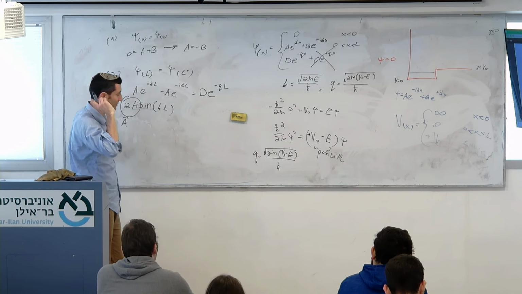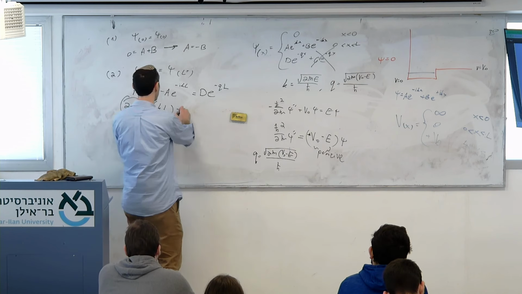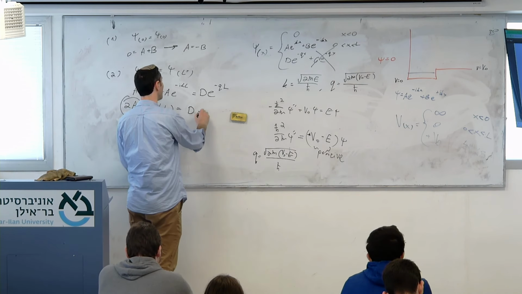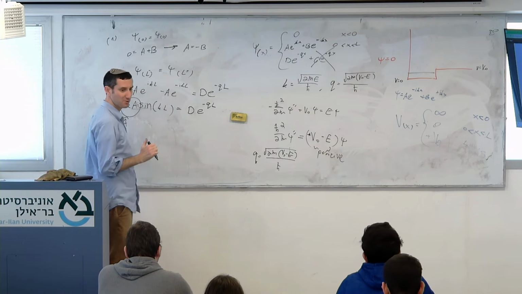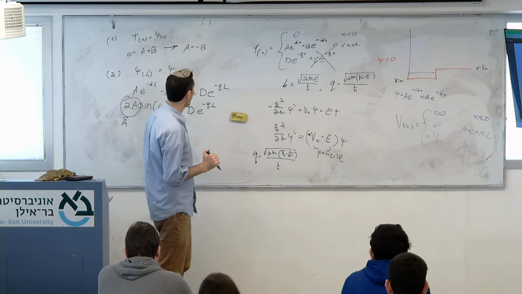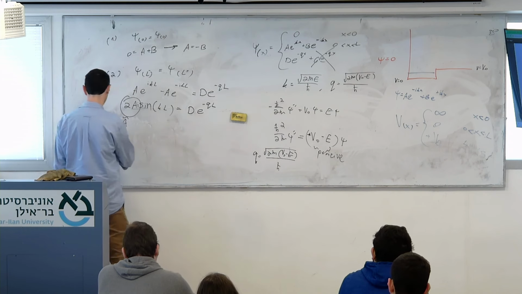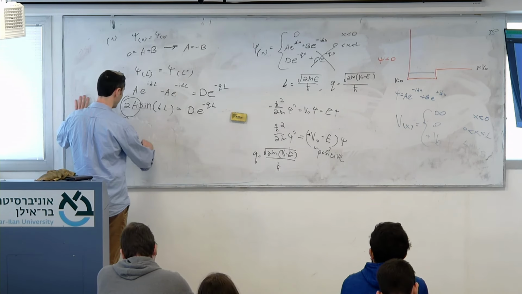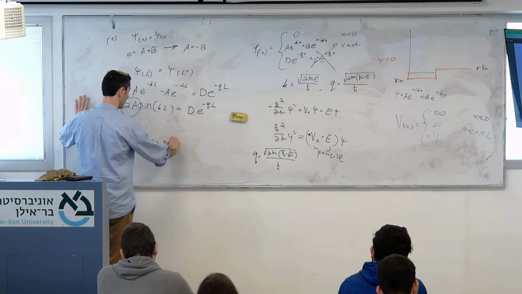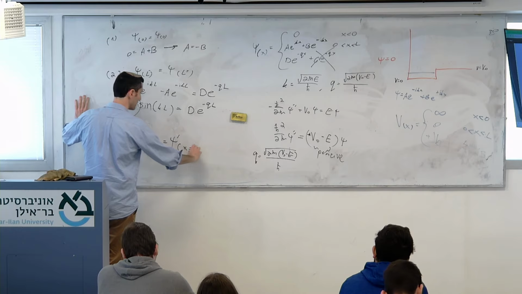I'm allowed to do that, why not? This is equal to D e to the minus qL. Now let's do the derivative of that. Three would be psi prime at x equals L minus should equal psi prime at x equals L plus.